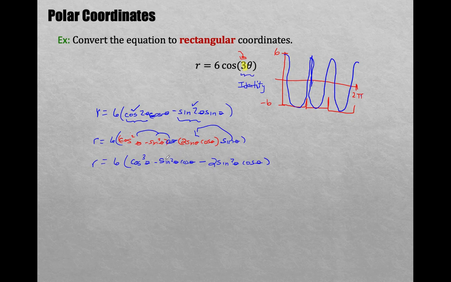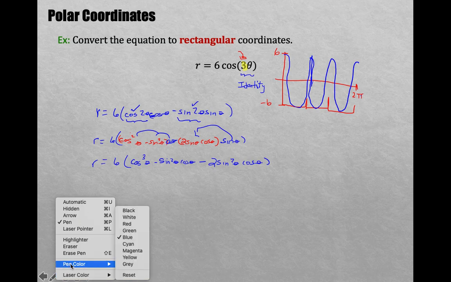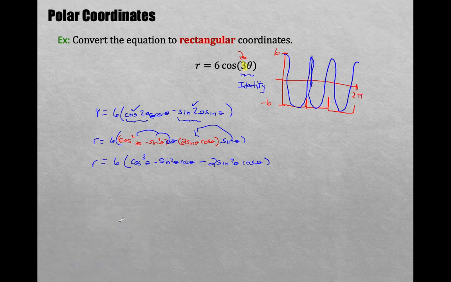And now I am going to multiply, and again, I did this in a lesson because I wouldn't expect you to come up with this on your own, but I am going to multiply everything by r cubed.